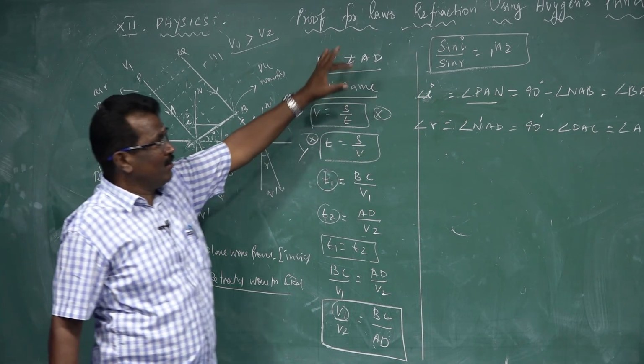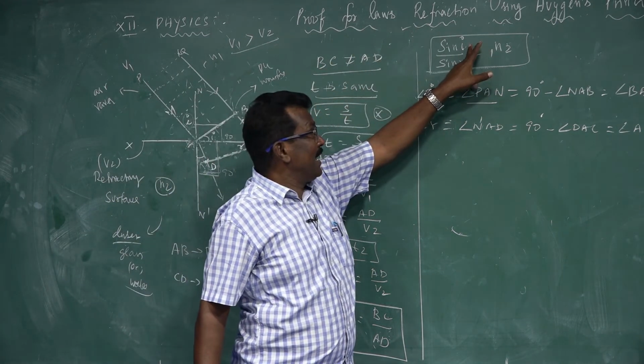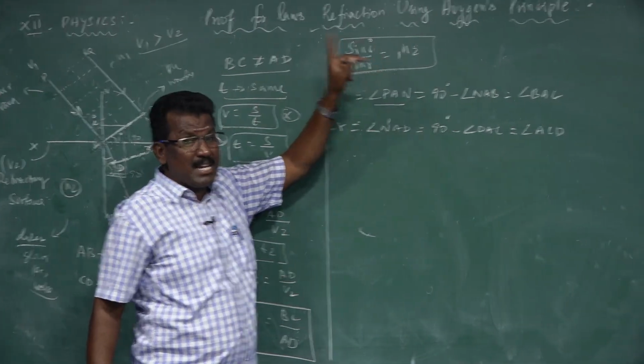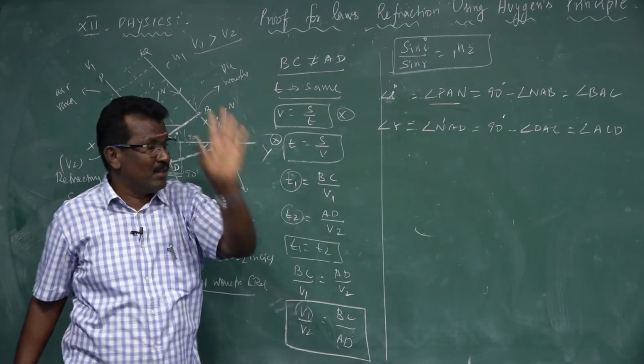According to the law, the sine of the angle of incidence to the sine of the angle of refraction must equal the refractive index of the second medium with respect to the first medium.